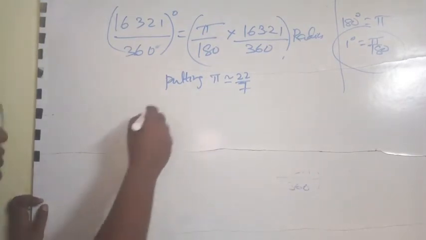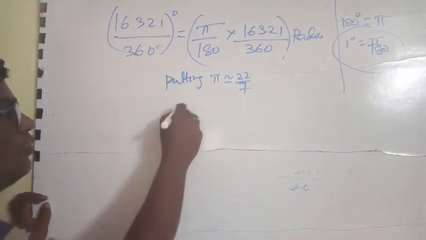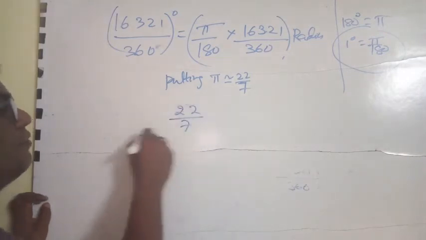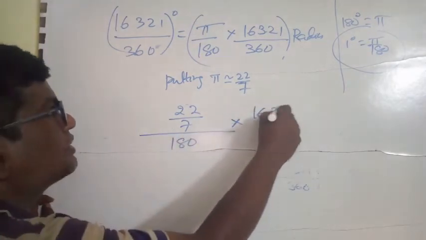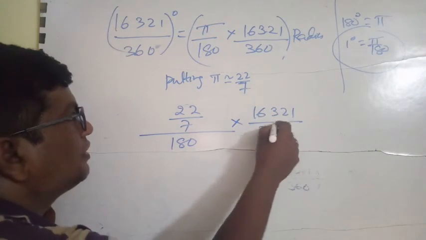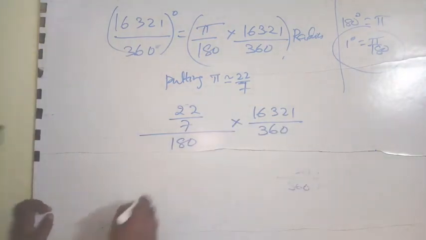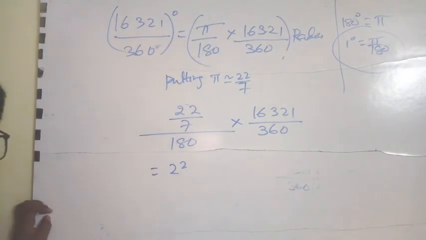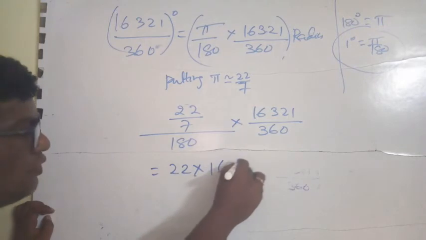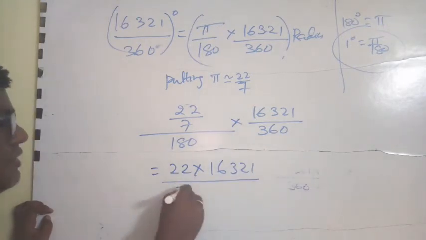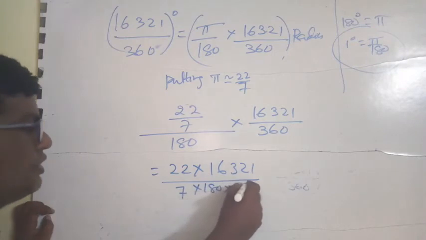22 by 7 by 180 into 16321 divided by 360. That implies 22 into 16321 divided by 7 into 180 into 360.